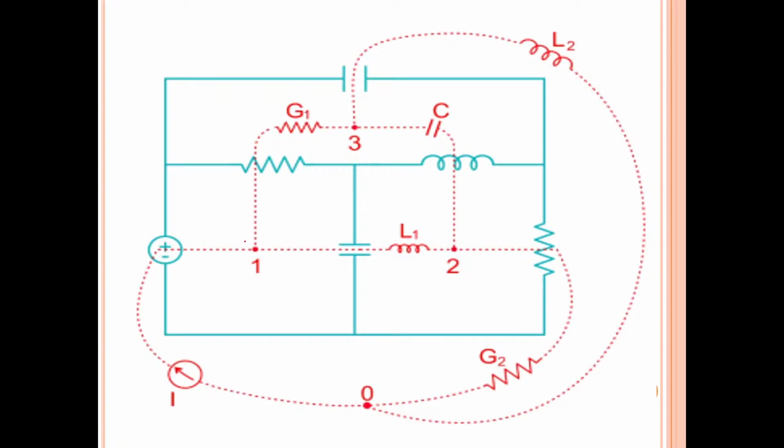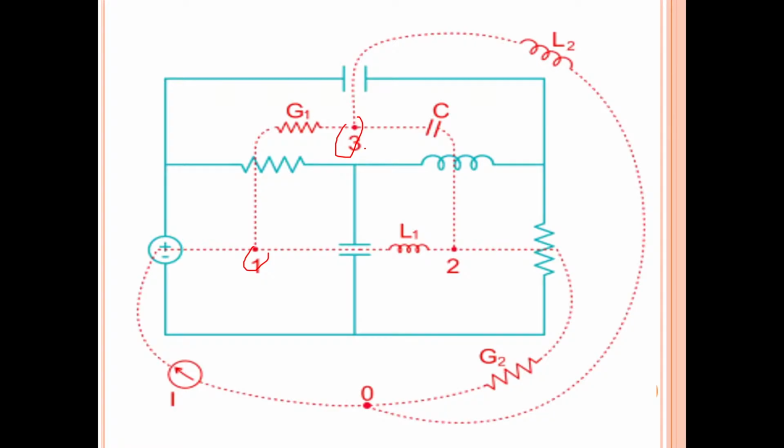Similarly, in between node 1 and node 2, capacitor C1 is there. So draw a dotted line and instead of the capacitor, draw an inductor, because inductor is dual to capacitor. Instead of C1, write L1. In between 1 and 3, resistor R1 is there; draw one more resistor symbol and replace R1 by G1.